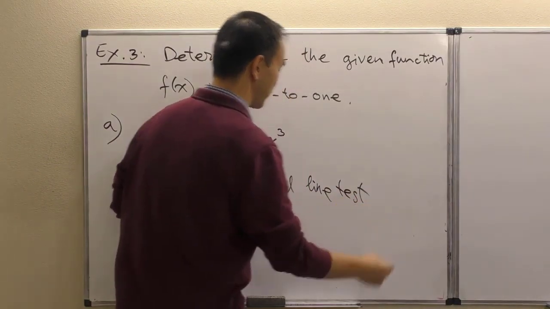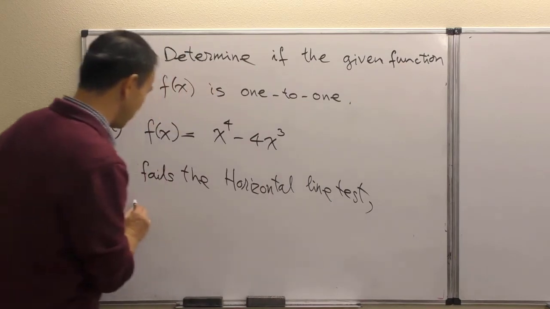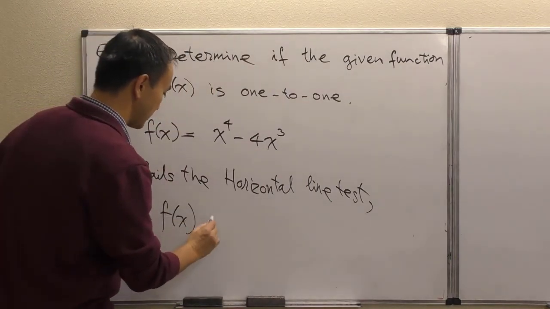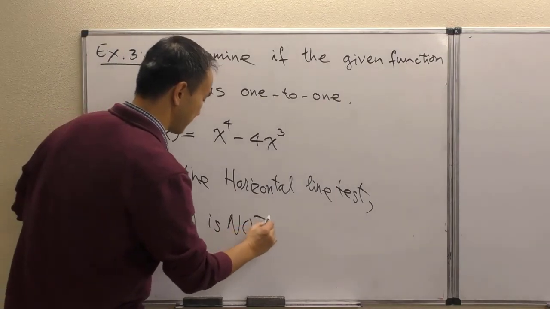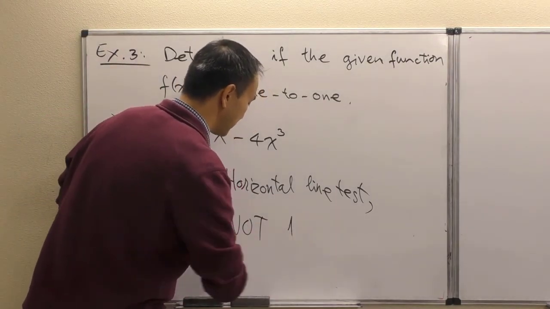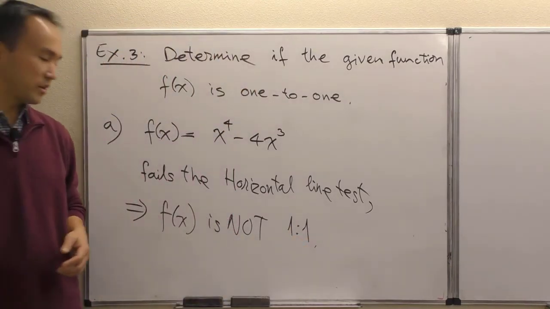Okay, this function failed the horizontal line test. So that implies, now we can make our conclusion, f of x is not one-to-one. All right, so this function here is not one-to-one.